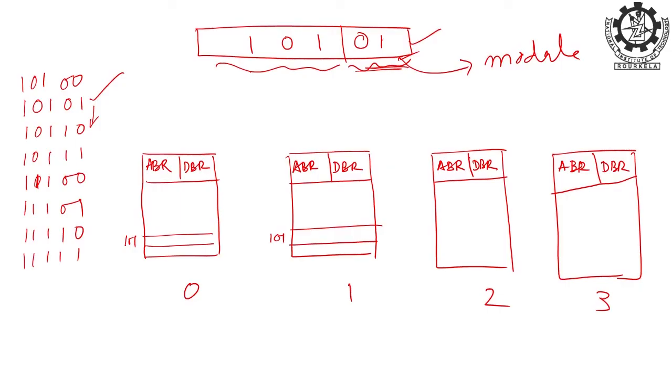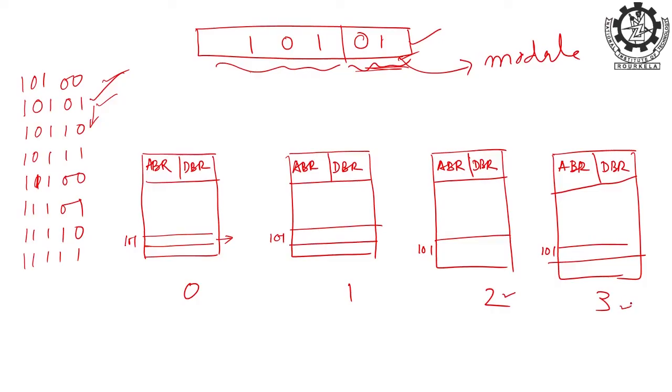So, this one is 101, next is also 101, this one is also 101, but if you see here, 10100 indicates memory module 0, 10101 indicates memory module 1, 10110 indicates memory module 2, and this indicates memory module 3.